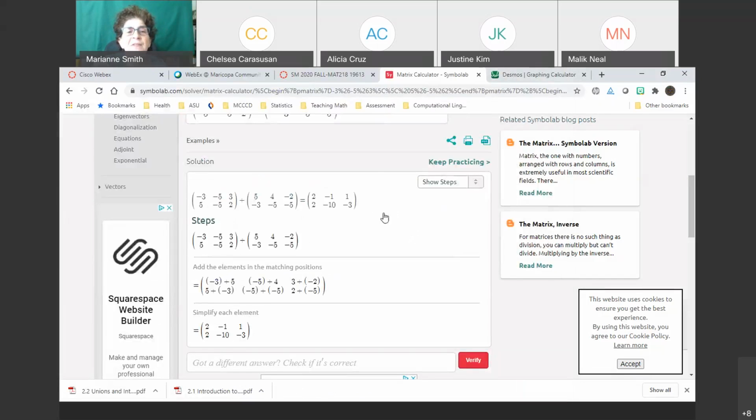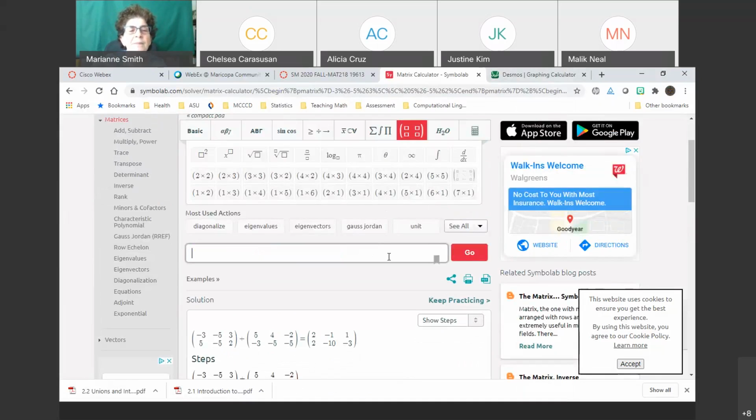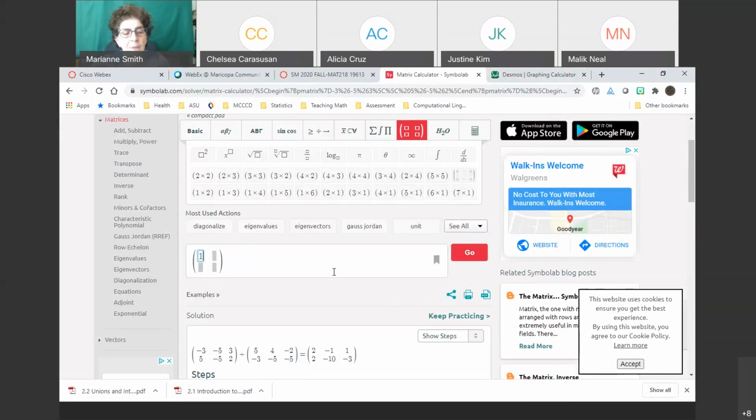To multiply matrices in Symbol Lab, you just put them right next to each other. So for example, suppose I have a 2 by 2 and another 2 by 2. This is the 2 by 2 identity matrix.